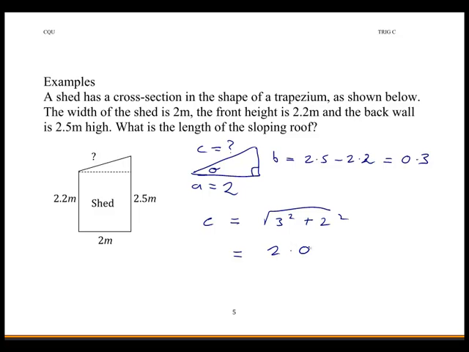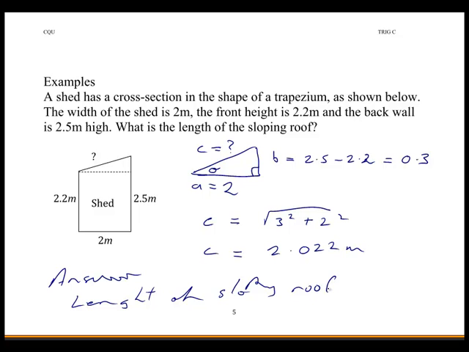Here I'll just give my answer in its decimal form. Like I said, just use your common sense as long as the method's right. The only time I'll ask for something, if I want it in 2 decimal places, I ask for it in 2 decimal places in the question. But otherwise, just state it as you see fit. So remember to answer the question.